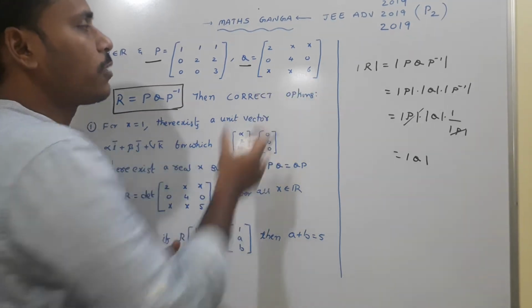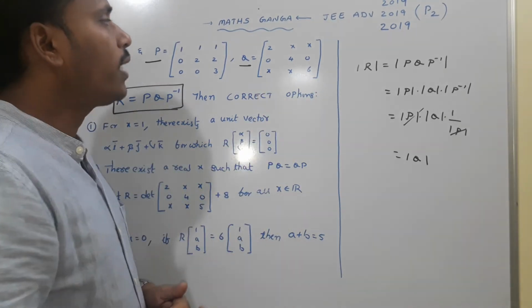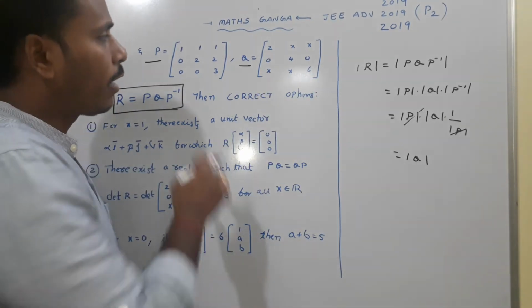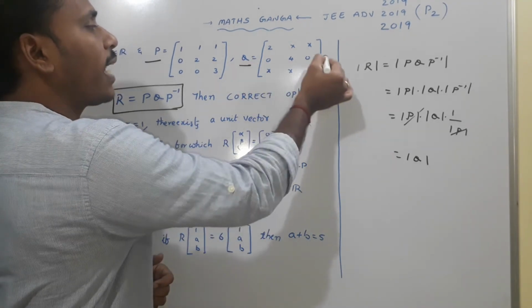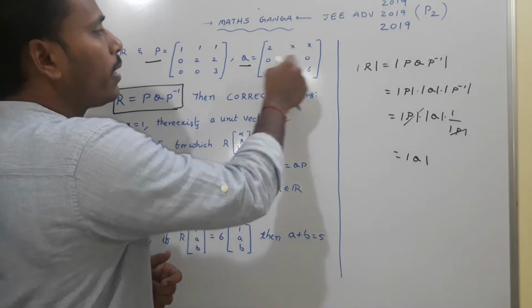This Q is this matrix. To calculate the determinant of Q, I can move along any row or any column. So I am moving along the second row because two elements are zeros.